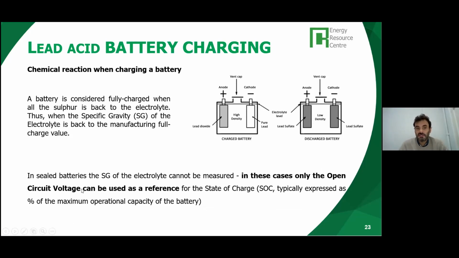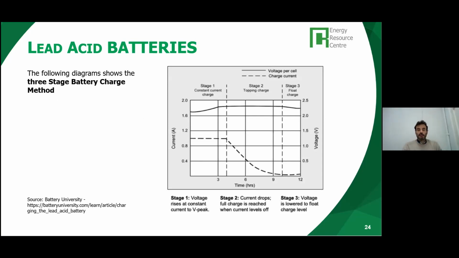So in those cases, we can only measure the open circuit voltage of the battery to see if that battery is charged or not charged. But the specific gravity of the acid is a more precise measurement of the condition of the battery than the voltage. Okay, very quickly, what happens when a battery charges?